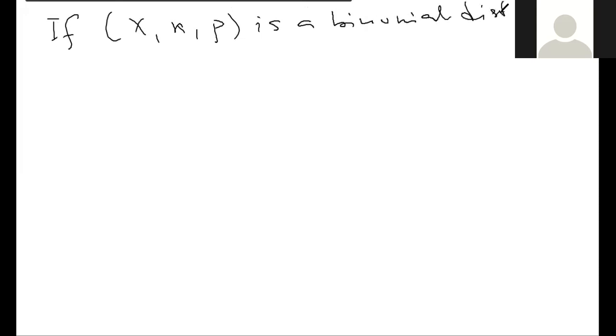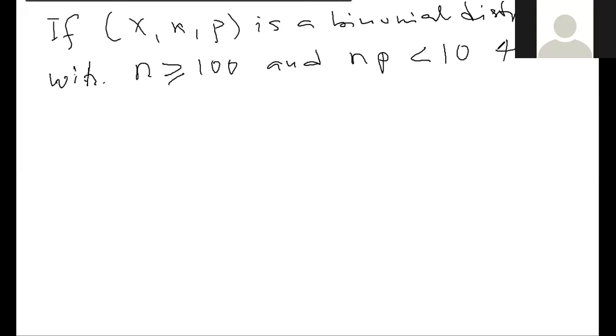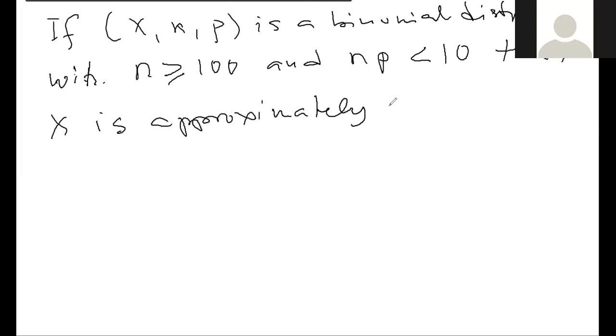We just put here that if x is a binomial distribution with n greater than or equal to 100 and np less than 10, then x is approximately Poisson.